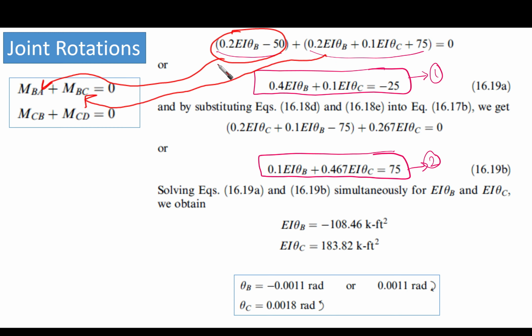Now look at this equation. If you rearrange it, it boils down to something times theta B plus something times theta C. We are going to call this equation number 1.